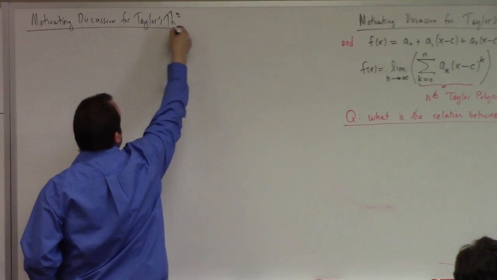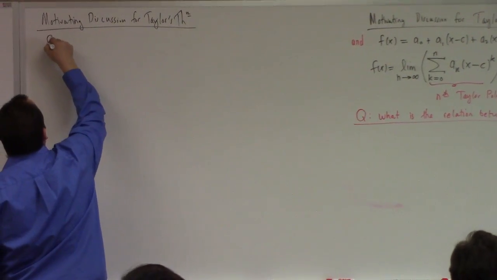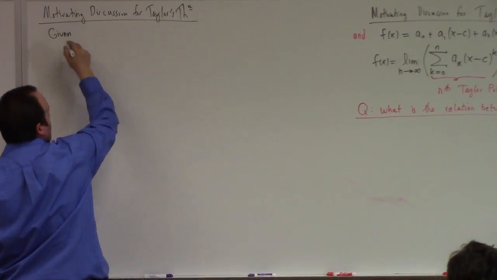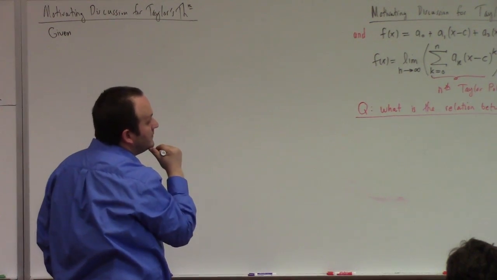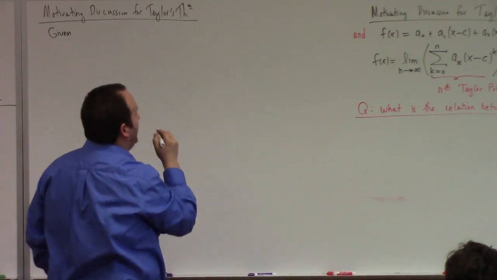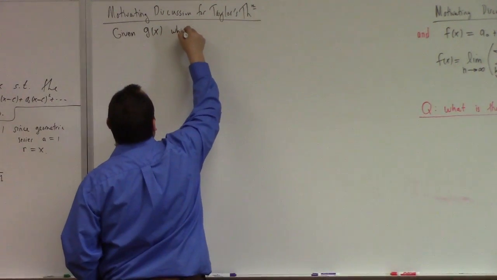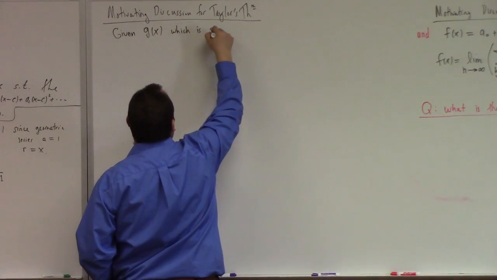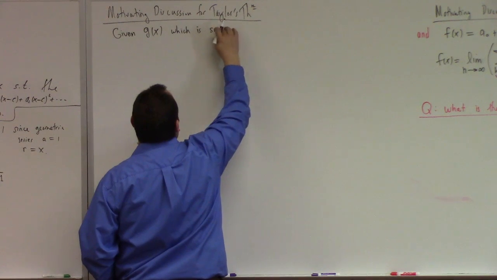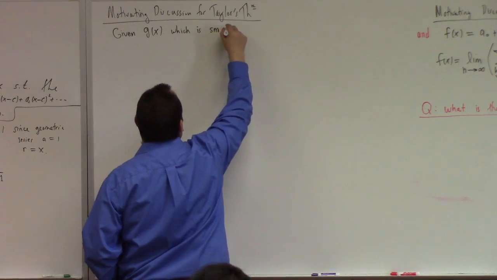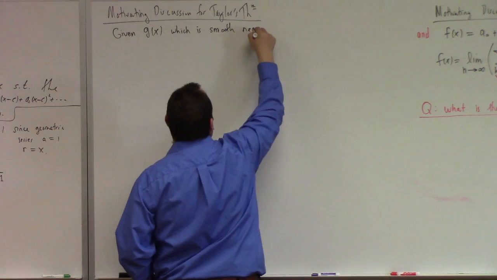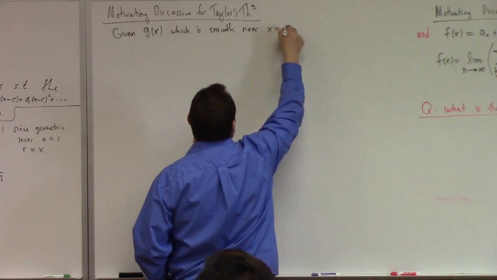And so here's the deal. We're given a function g of x, which is smooth near x equals c, let's say.